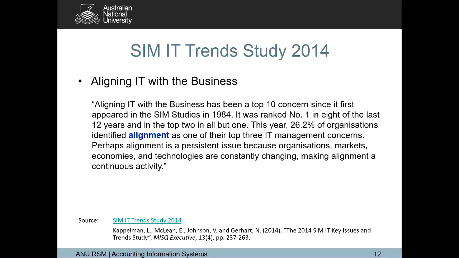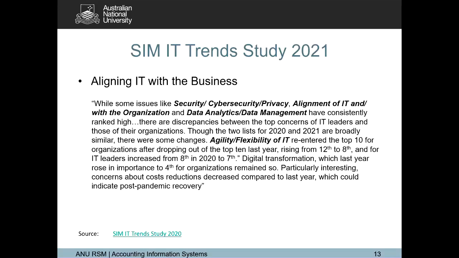It's consistently an issue every single year, meaning businesses are struggling with this problem to get the right tools, the right infrastructure and systems, so that they align with the company's strategic focus or business strategy.